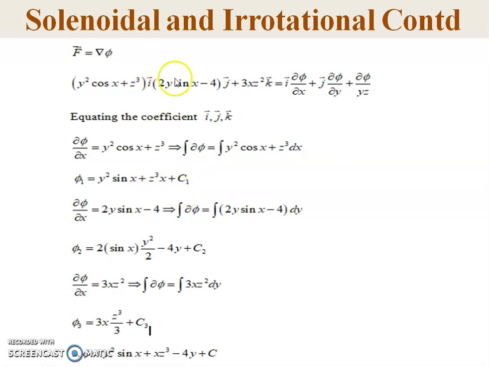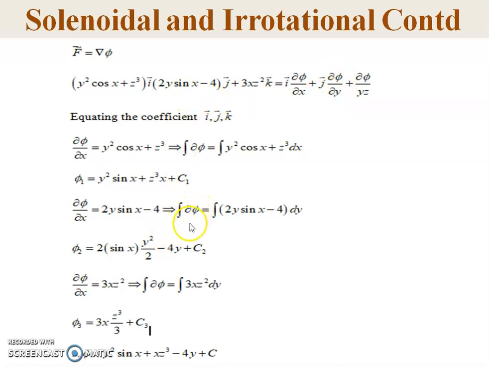Similarly, compare the other two components. Dou phi by dou y is equal to 2y sin x - 4. Now integrate with respect to y this time. Sorry, I wrongly put x here; this is y, because the second component is dou phi by dou y.